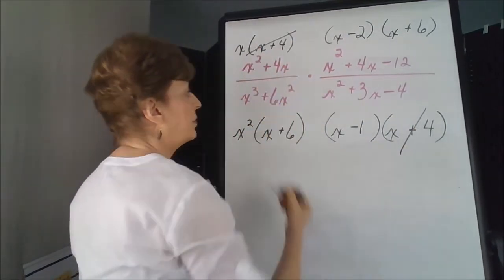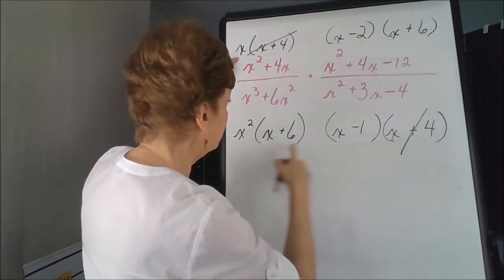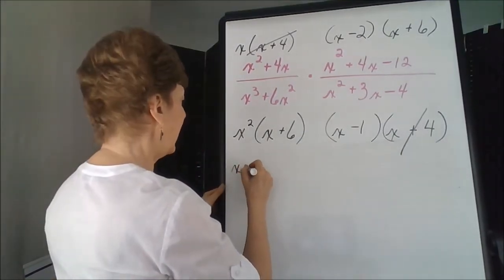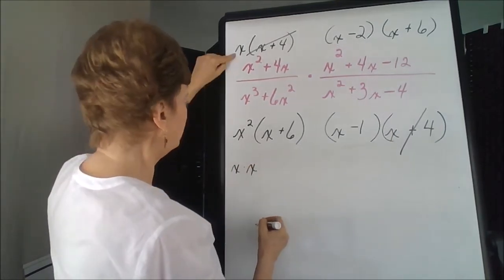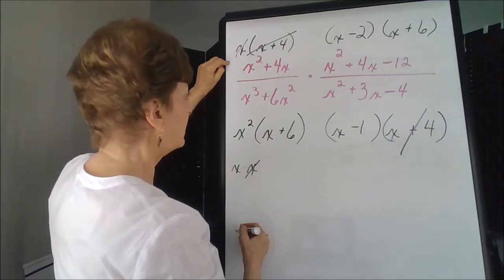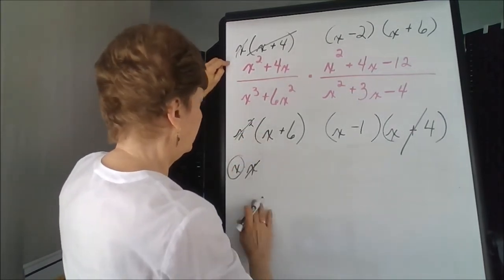So that term leaves. An x, there aren't any x's down here that are just by itself. An x squared is an x times an x. So I could take away one of these from that. So this is left.